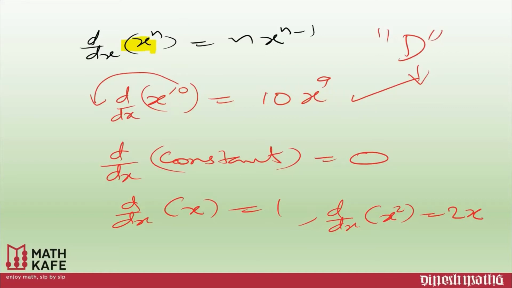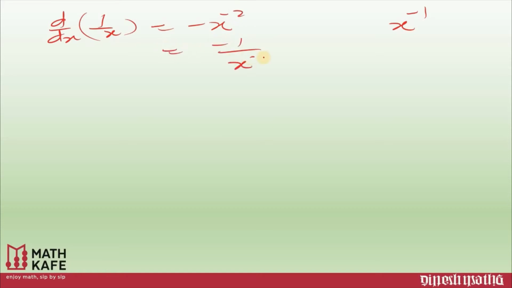And similarly, some more specific forms you need to remember, like d by dx of 1 by x. How do we find this? 1 by x, as you know, is x to the power minus 1. So this will become negative x to the power minus 2, or you should remember negative 1 by x square.